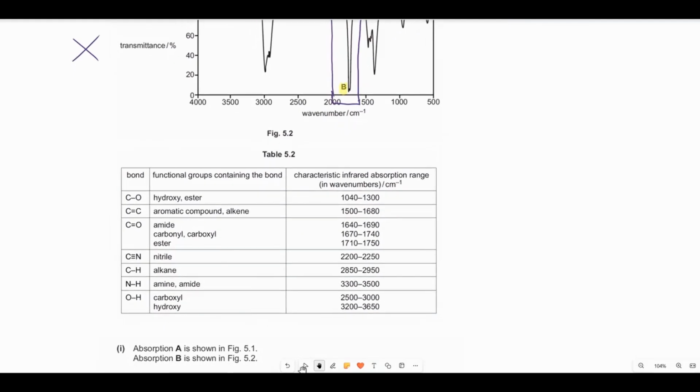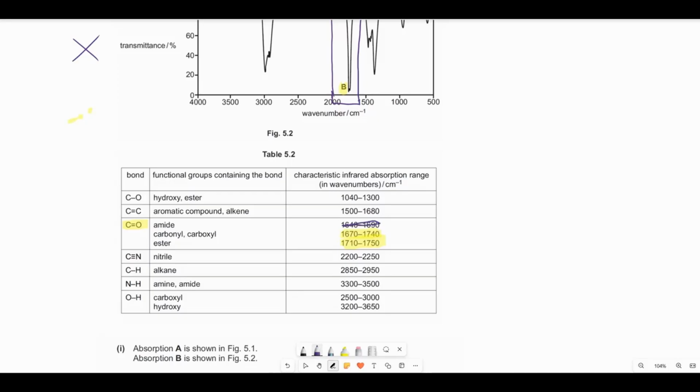If we go down here, we can see that the carbonyl peak is supposed to be around 1710 to 1750 for an ester, 1670 to 1740 for a carboxylic acid carbonyl. Notice, are we going to look at 1640 to 1690?